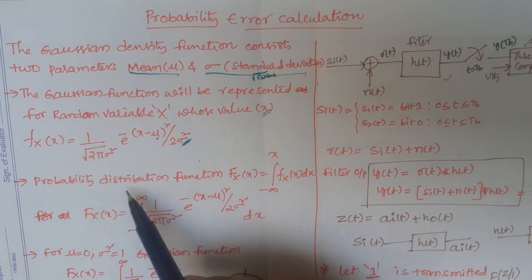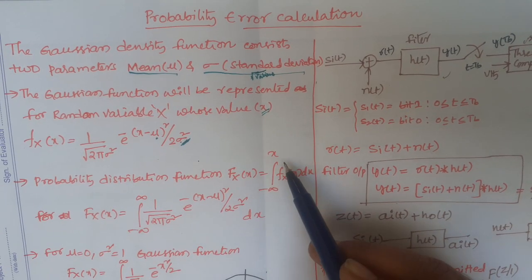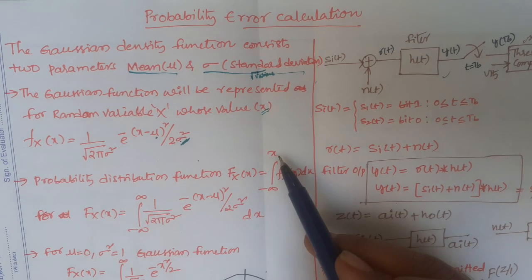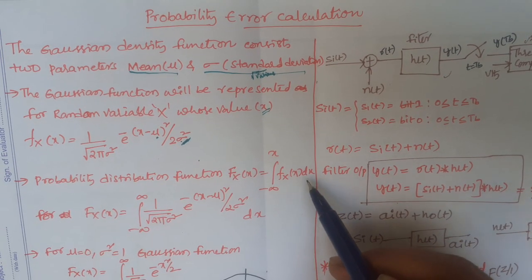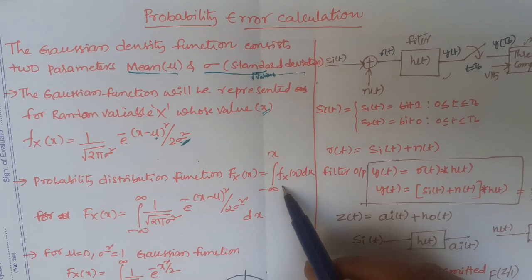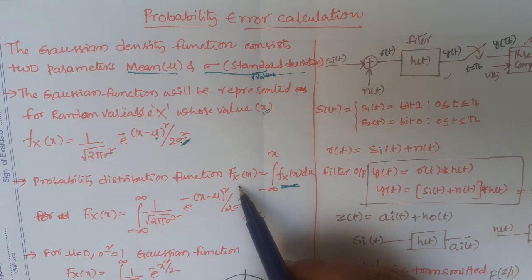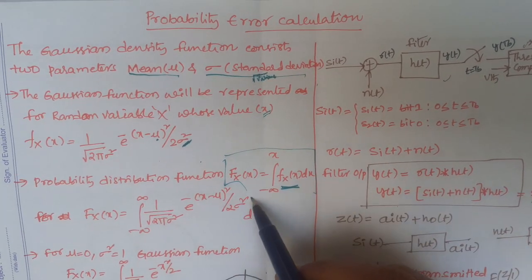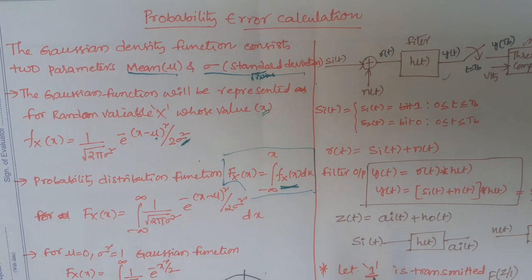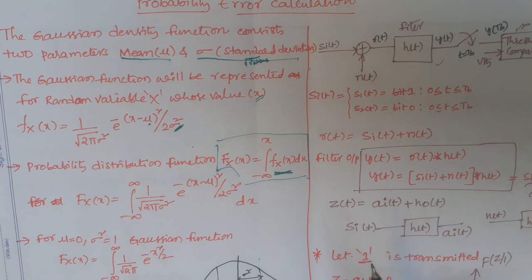Sigma square is the variance and mu is the mean. Now the probability distribution function F_X(x) is equal to the integral from minus infinity to x of f(x) dx. This is the equation of the probability distribution function of the Gaussian function.